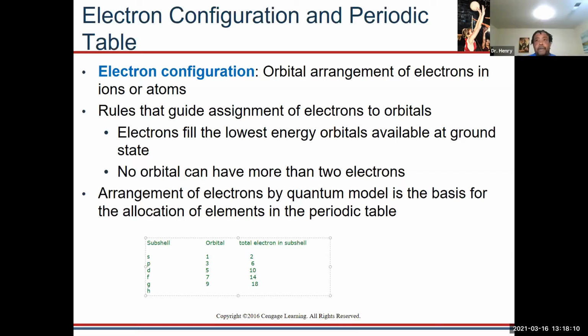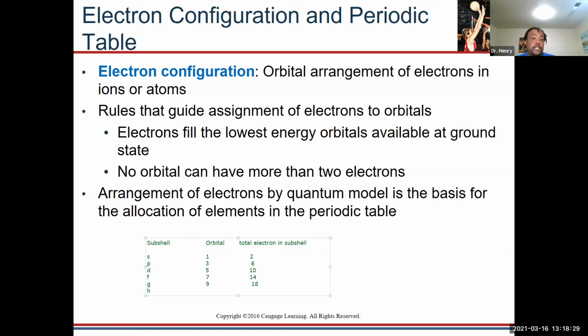When we're talking about electron configuration, we're talking about the electron configuration for that atom or for an ion, right? We're trying to determine where exactly those electrons are in that atom, and we're trying to keep a running account of all of them.